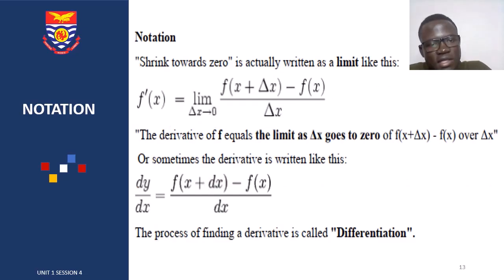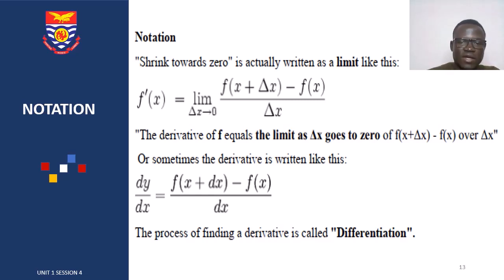Now with the notation, we've been talking about shrinking towards 0 or heading towards 0. This is actually written as a limit like this. So we write lim, which is the limit, as the change in x approaches what? 0. Then we write the functions attached.